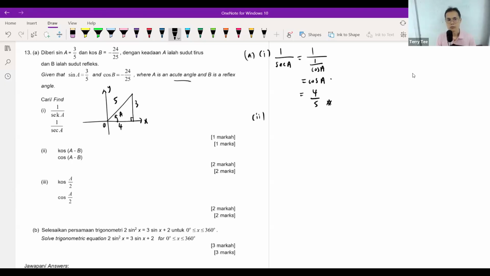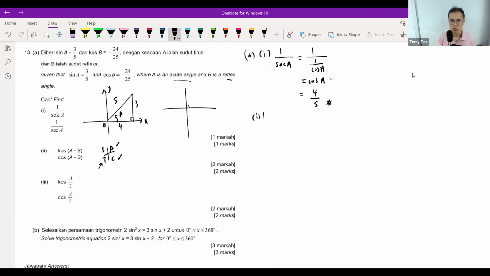Okay. Now, for your cos B, it is negative and B is reflex. Reflex means it can be quadrant 3 or quadrant 4. But cos is positive. Remember ASTC, cos is positive in quadrant 1 and 4. But this is negative. So we should draw in quadrant 3. It can be 3 and 2, but the question already mentions reflex. Reflex is between 180 and 360.